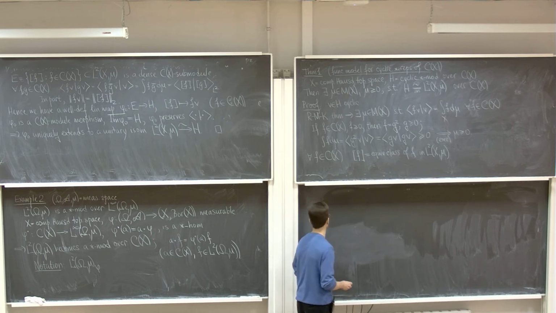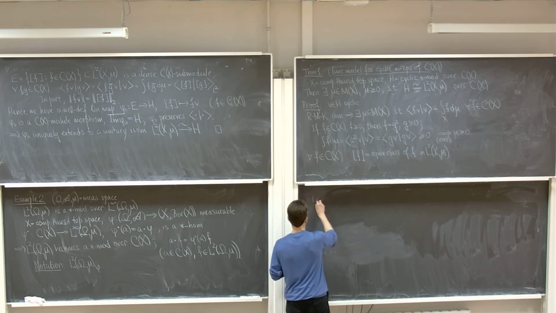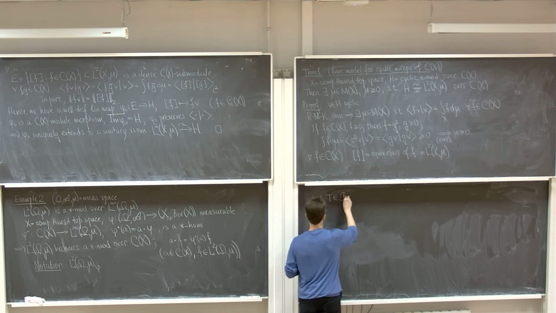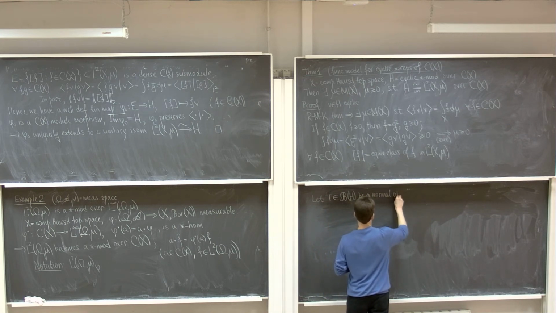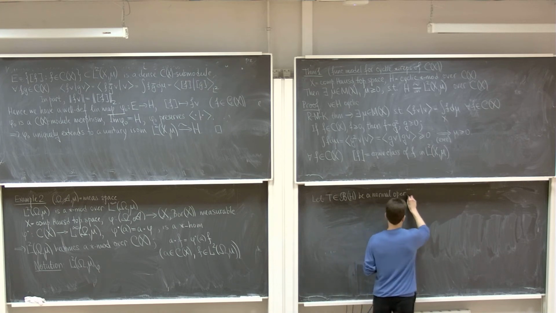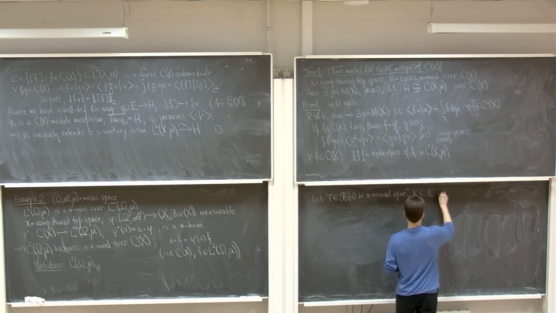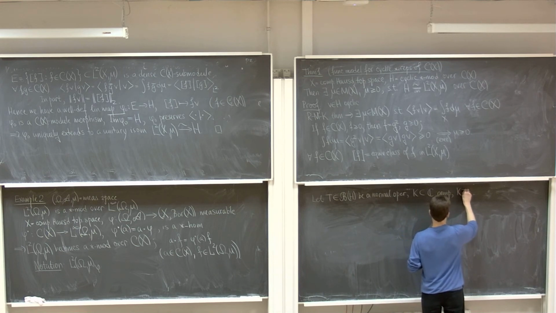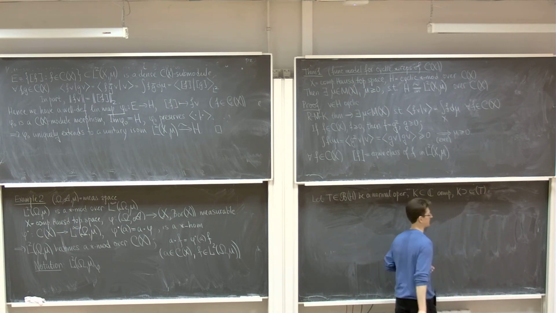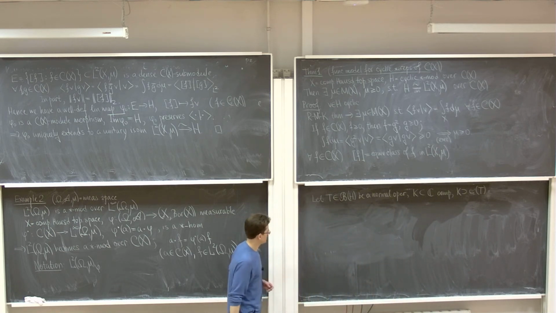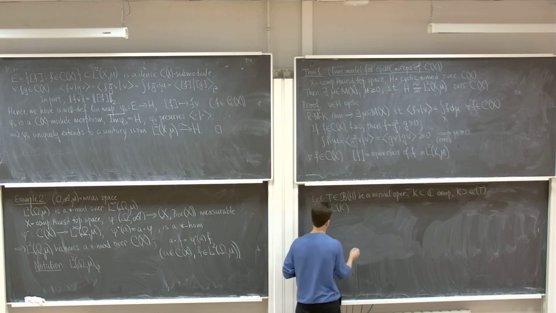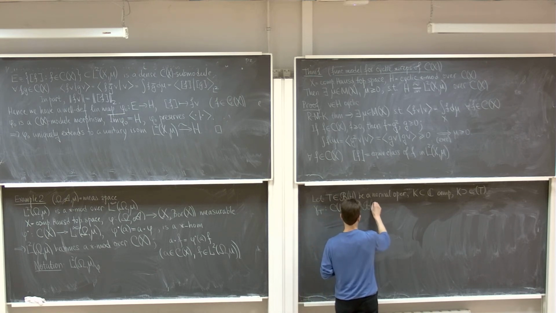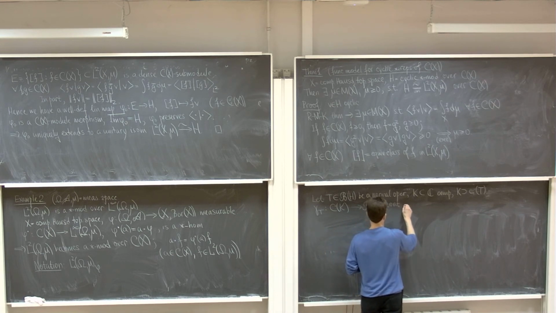Suppose T is a normal operator on the Hilbert space H, and suppose that K is a compact subset of the complex plane which contains the spectrum of T. We know from the previous lecture that T has a continuous functional calculus, gamma T. This is a unital star homomorphism from the algebra of continuous functions on K to B of H.